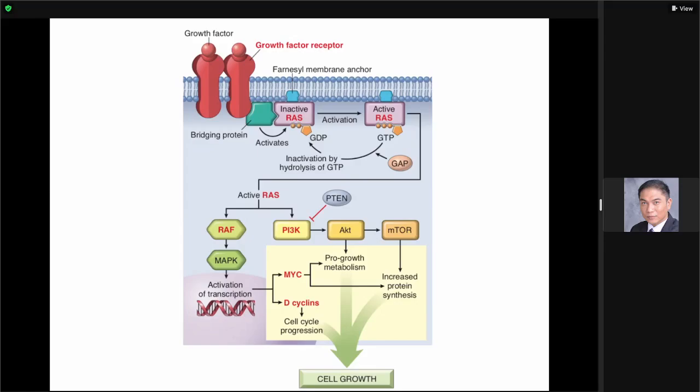This is a transcription factor and cell cycle component decyclines. So leading to cell cycle progression, cell proliferation. With MYC, so just like in PI3K pathway, nagkakaroon ng pro-growth metabolism at increased protein synthesis. So promoting cell growth. So cell growth, cell proliferation.